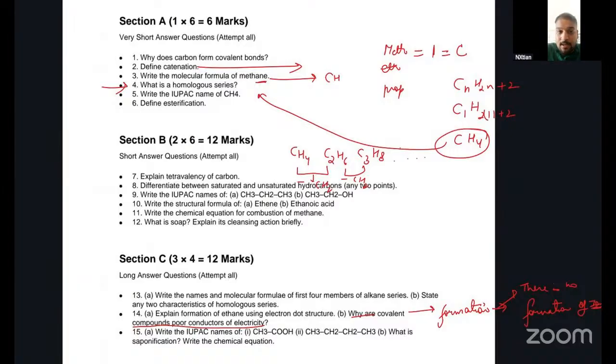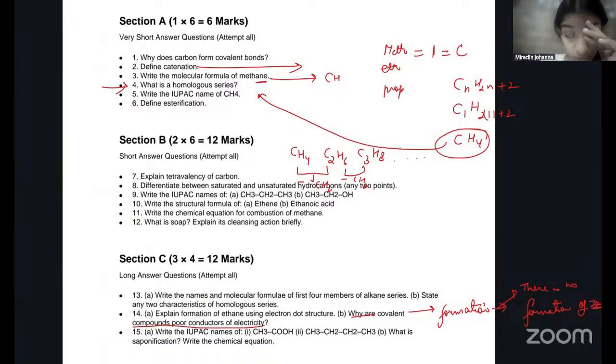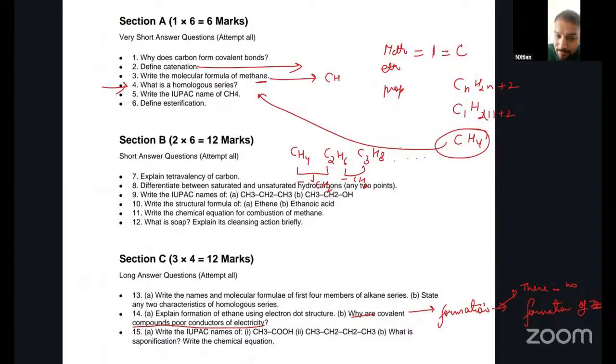Okay, write it down in your copy. Ester is formed by the reaction of ethanol and ethanoic acid. It has a fruity smell, which is used in perfume. This is the answer.